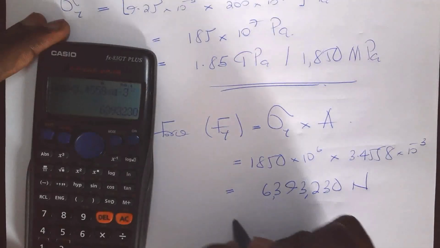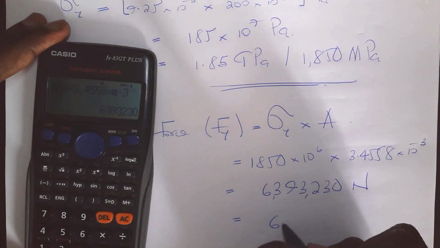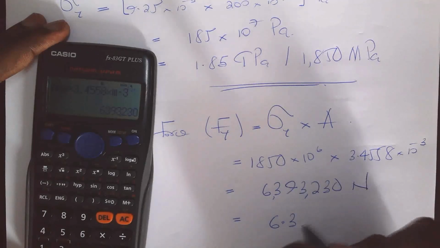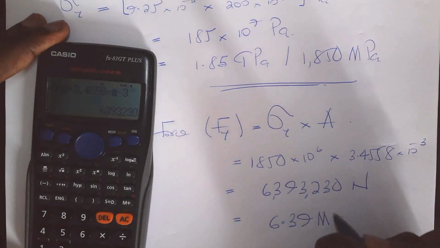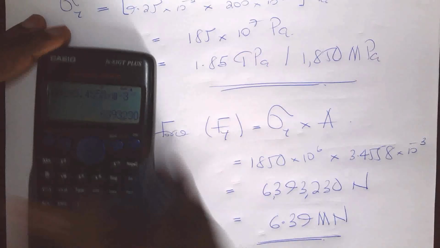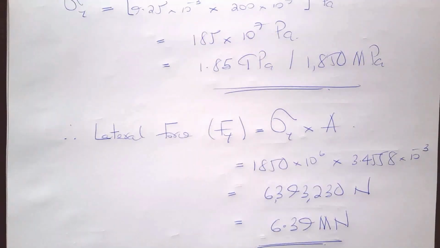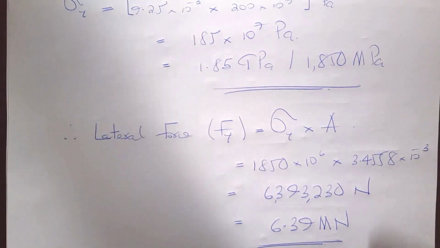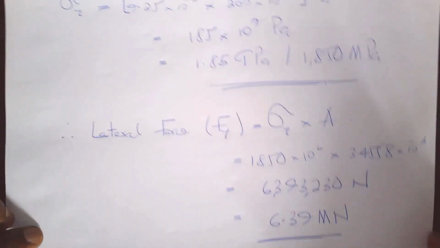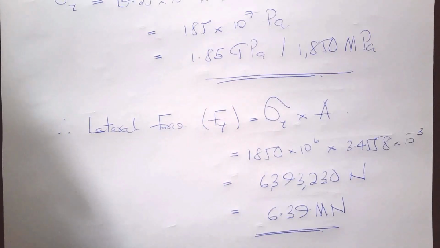Okay, so this is approximately 6.39 mega newtons. So we've got a situation whereby if we look at possible constriction within the pipe, then the lateral force is going to be almost 4 times that of the longitudinal force against the wall.